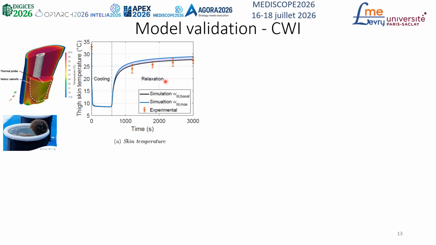Finally, not knowing perfectly the metabolic activity, we chose to bound our simulation with basal metabolism in black, and basal max, corresponding to 3.5 times the basal metabolism, in blue.